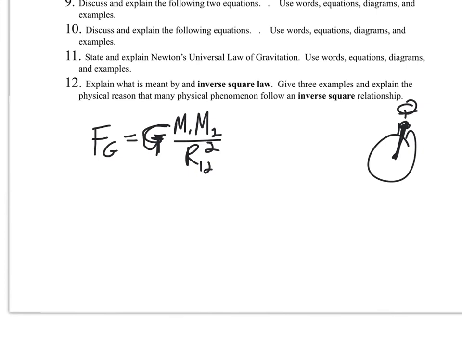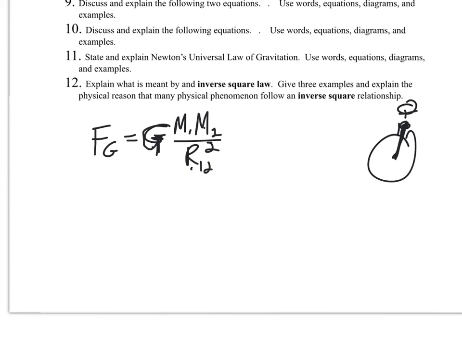And that distance is squared. So once again, the gravitational force between any two objects in the universe is the mass of both objects times the gravitational constant divided by the distance between the two objects squared.